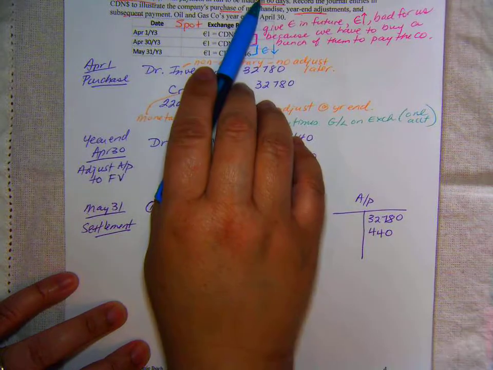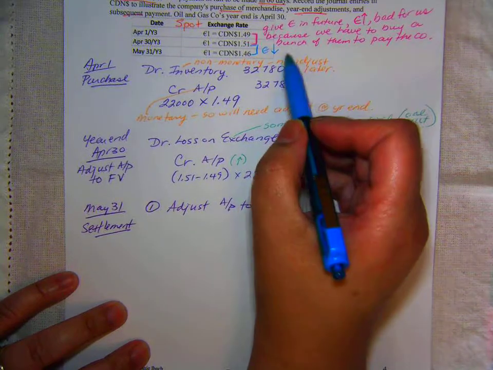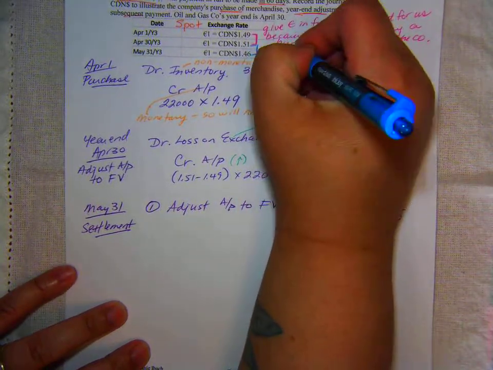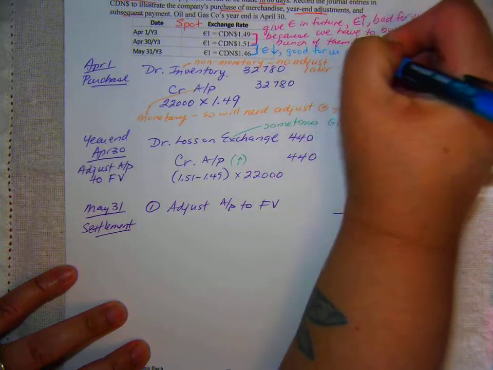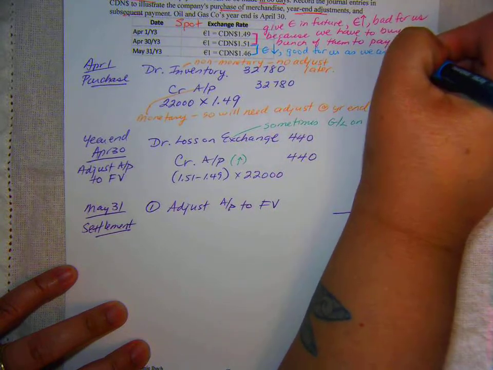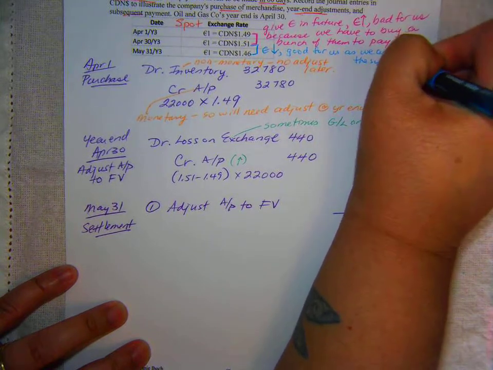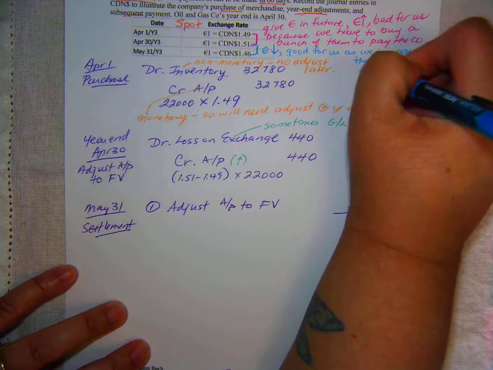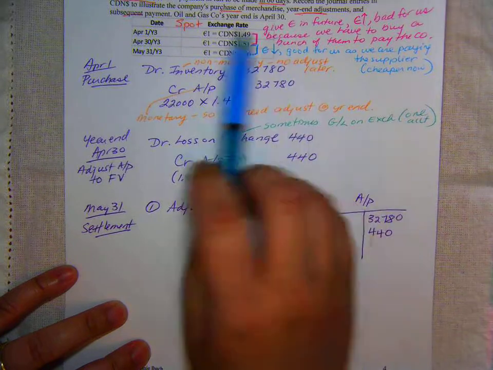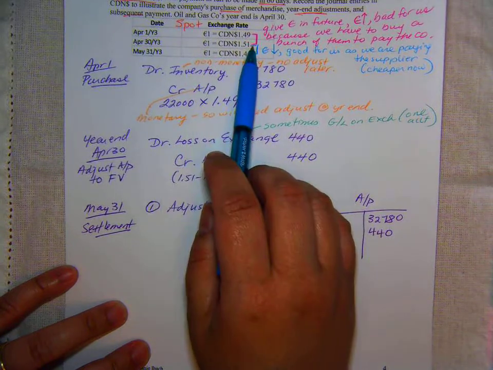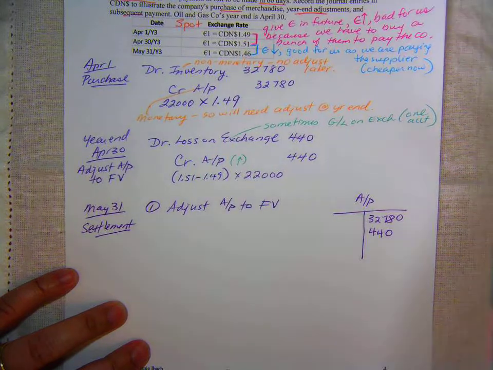Since this all goes to the fact that we have to pay the supplier, the euro went down. This is good for us as we are paying the supplier, and now it's cheaper. So remember that €1 used to cost us $1.51. Well, it's only $1.46. So we gained.